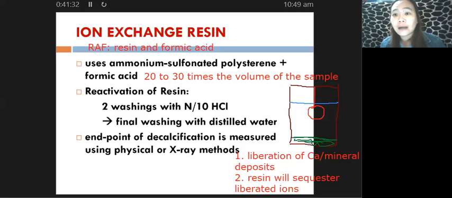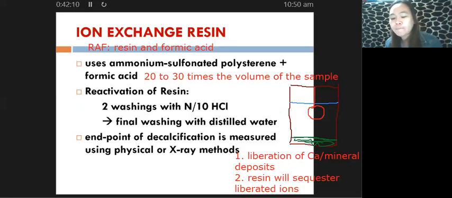But in your RAF, or ion exchange resin, what will sequester or remove your liberated calcium deposits in your solution is your resin. And so, what you need to reactivate is actually your resin and not your acid.